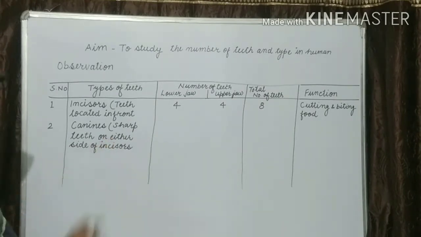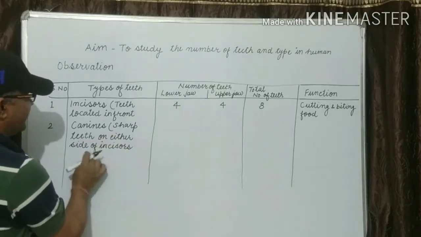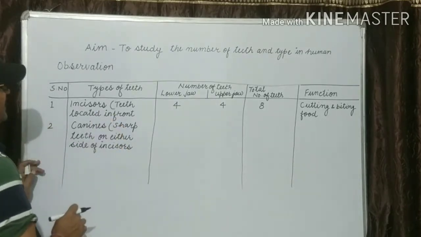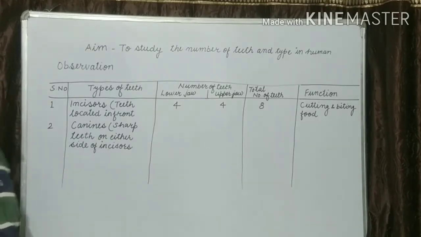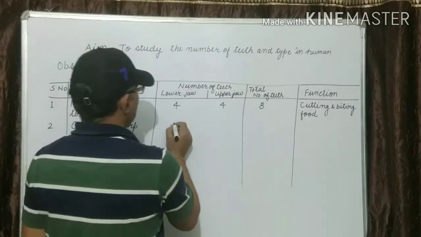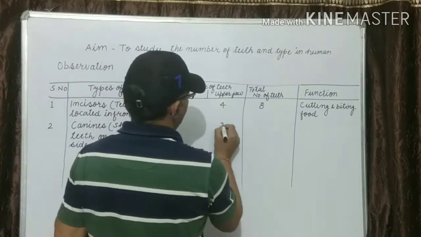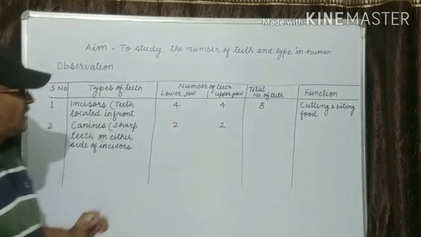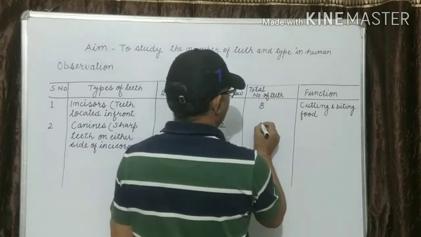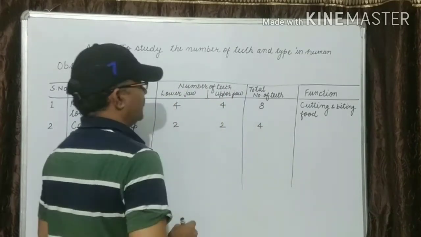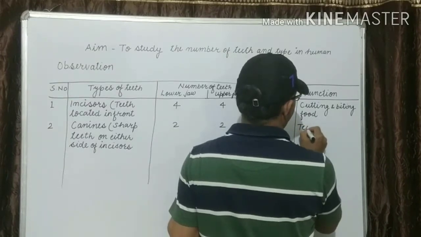Second number is the canine. Canines are the sharp teeth, and where they are present? They are present on either side of incisors. Just next to the incisors they are present. Canines, what is the number of canines? They are 2 in lower jaw and 2 in upper jaw. What is the total number of canines? They are 4 in number. And what is the function of canines? They help in tearing the food.